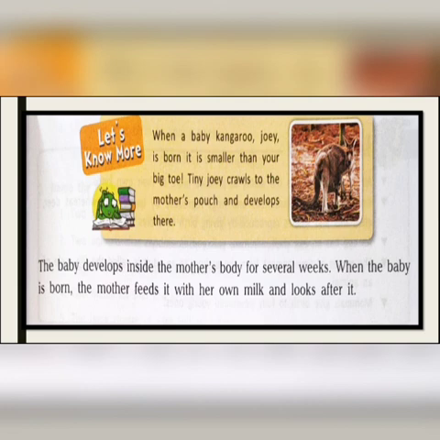Now let us know here that when a baby kangaroo is born, it is smaller than our big toe. And the mother carries the baby in the mother's pouch, till it grows.